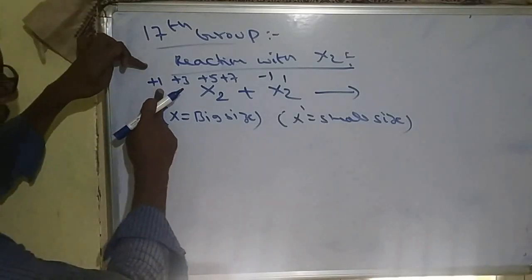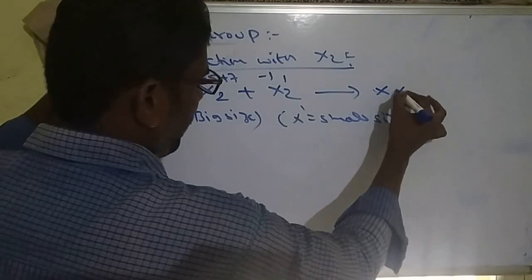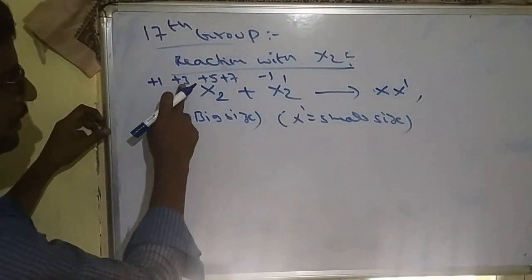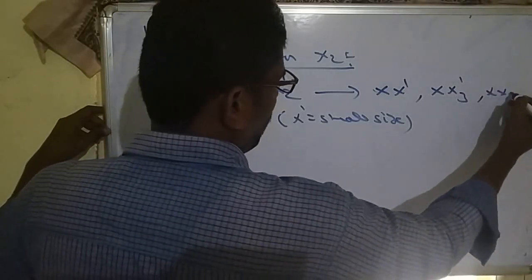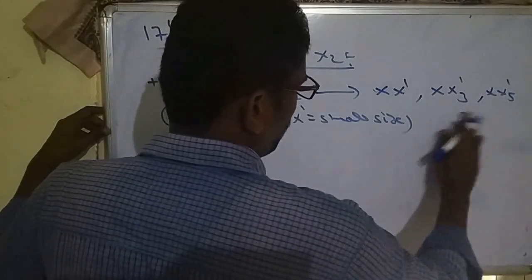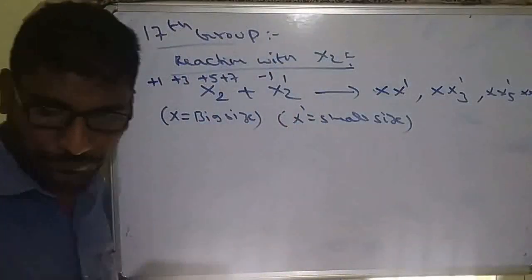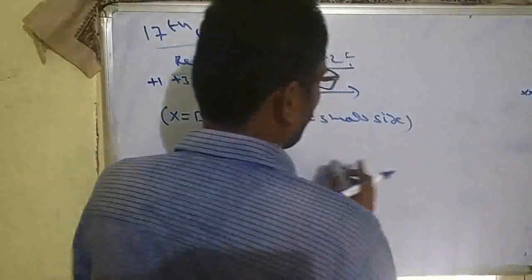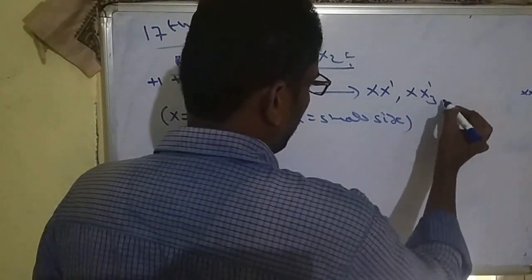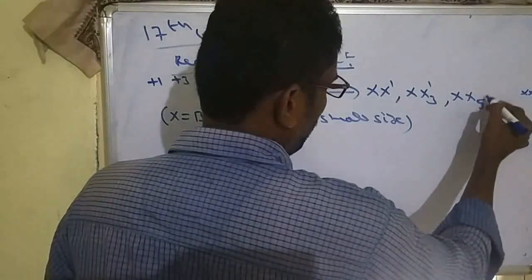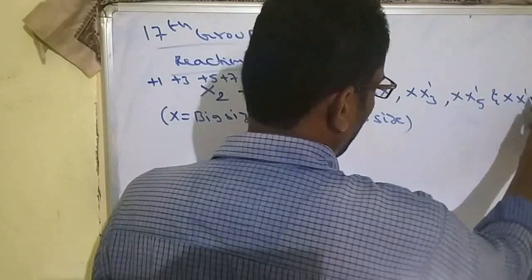If it is showing 1, the formula will be XX dash. If it is showing 3, the formula will be XX dash 3, then XX dash 5, and XX dash 7.